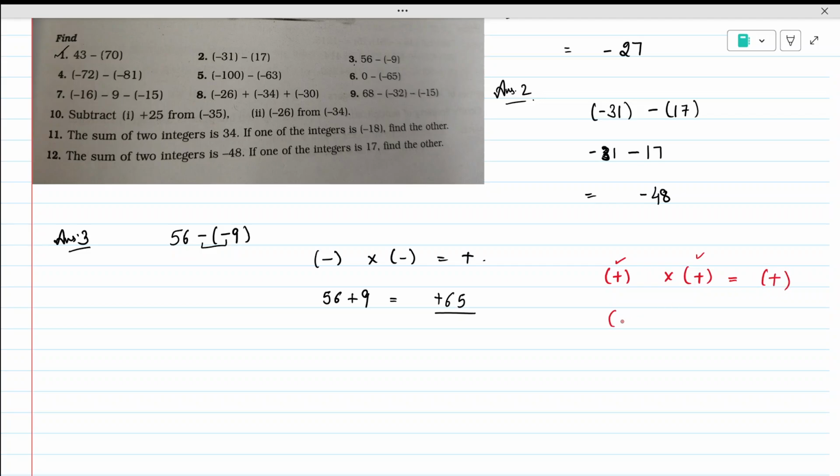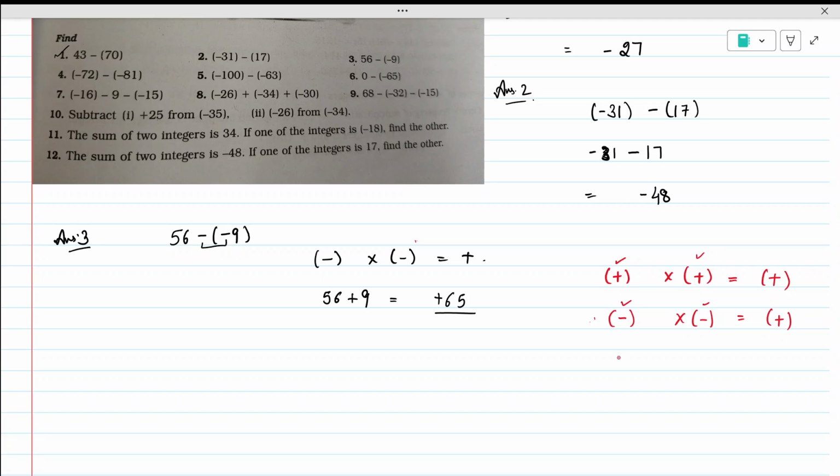Second is, if we multiply a negative number with a negative number, then also the product, the answer, will be positive. Plus into plus will give us plus. Minus into minus is, again, plus, and then we will get the answer in plus. Example of this is what we have done here just now.